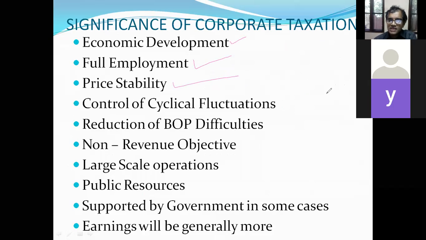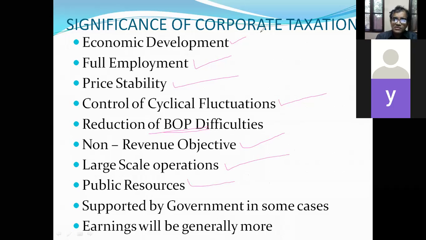Cyclical fluctuations can be stopped. Balance of payments difficulties can be stopped. Non-revenue objectives like full employment, like national income improvements, several other objectives are there. Those can be achieved. Large scale operations are possible with the help of corporate taxation. Public resources can be utilized in a better way.